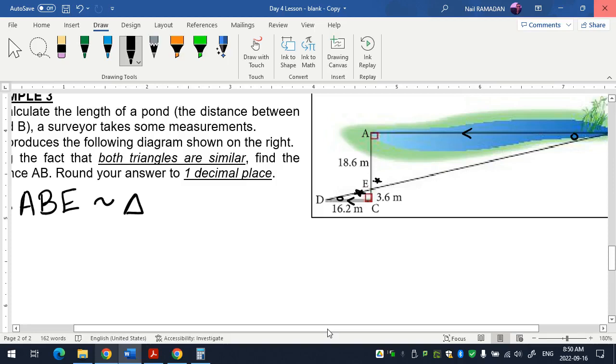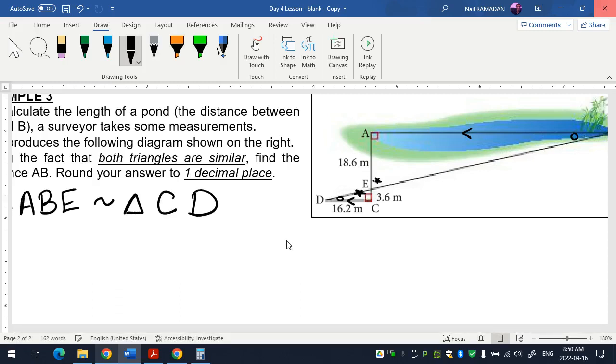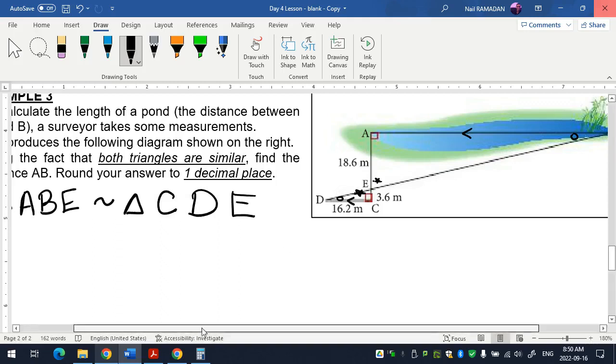A matches with C, B matches with D, and E is what? Exactly, E here is E here. So there's no need to use two different symbols. So triangle C, D, and E. Perfect. On to the fractions.